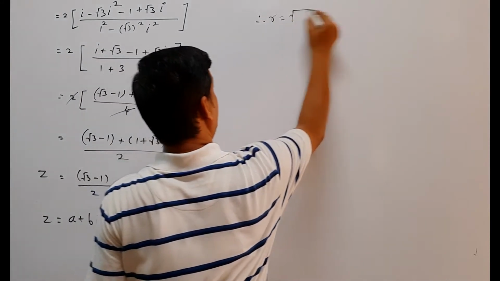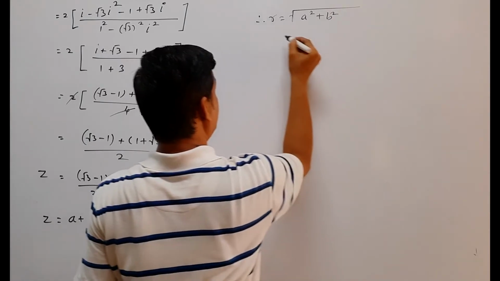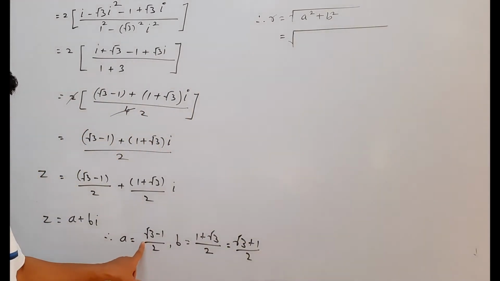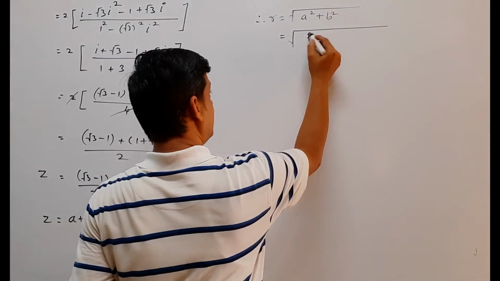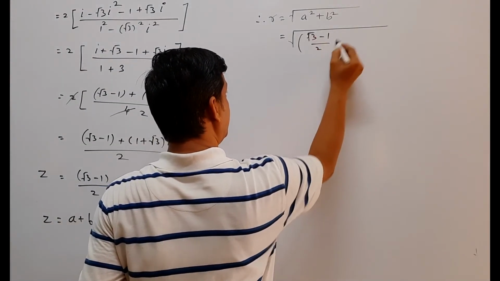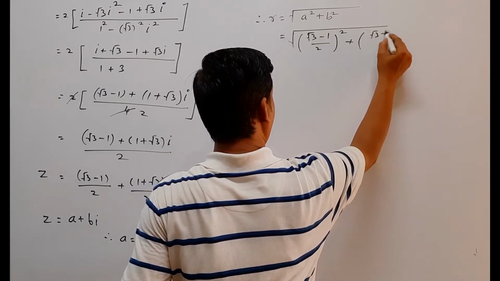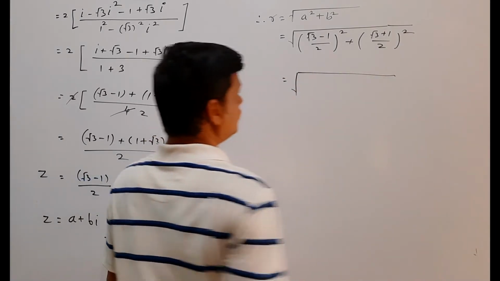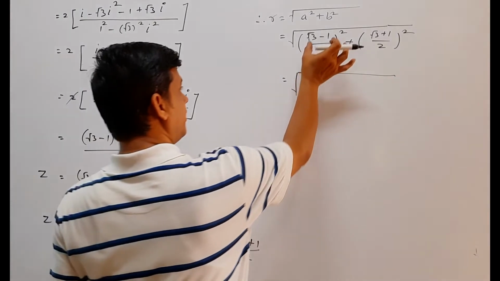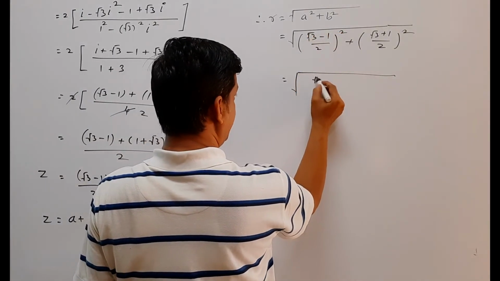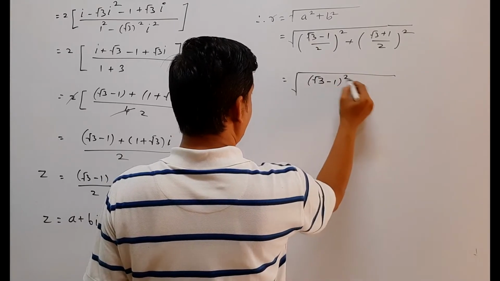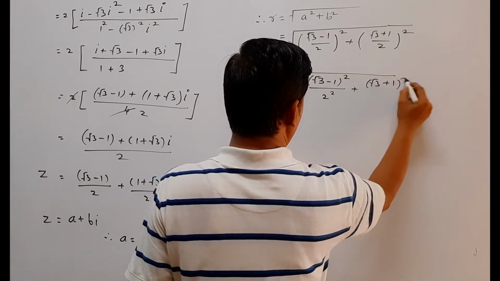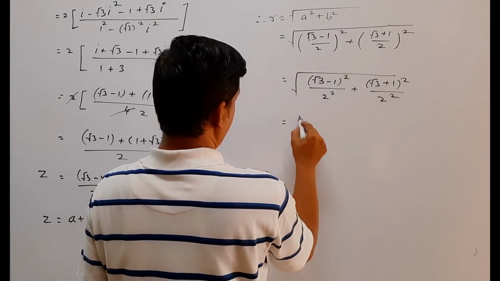Therefore r is equal to under root a square plus b square, where a is (root 3 minus 1) by 2, so we write (root 3 minus 1 upon 2) whole square plus (root 3 plus 1 upon 2) whole square. For convenience, we take the numerator square separate and the denominator square separate: (root 3 minus 1) whole square upon 2 square plus (root 3 plus 1) whole square upon 2 square.